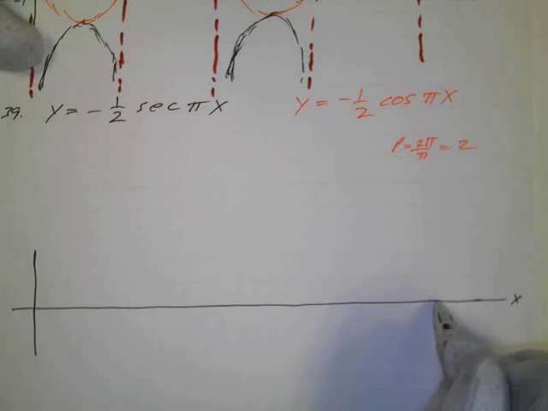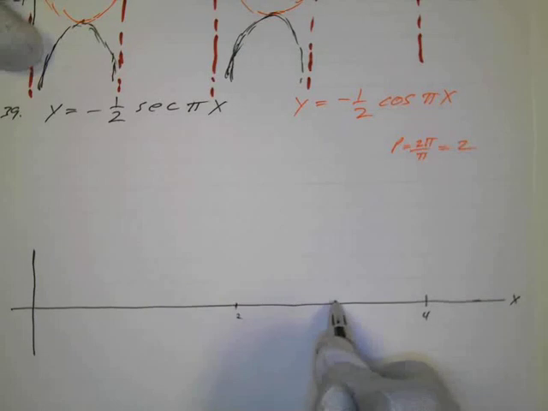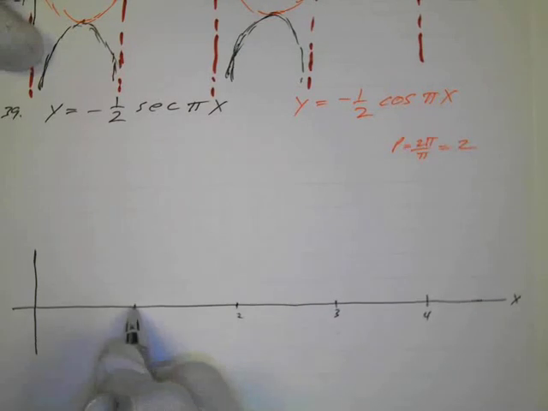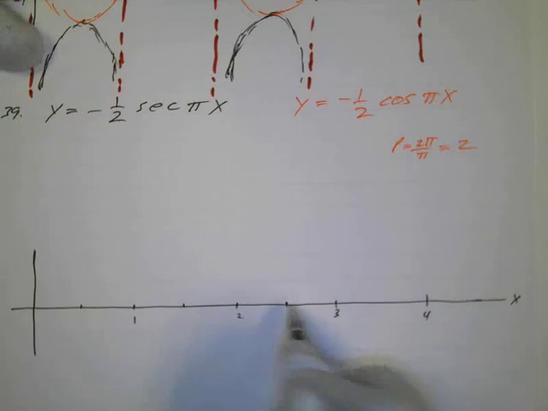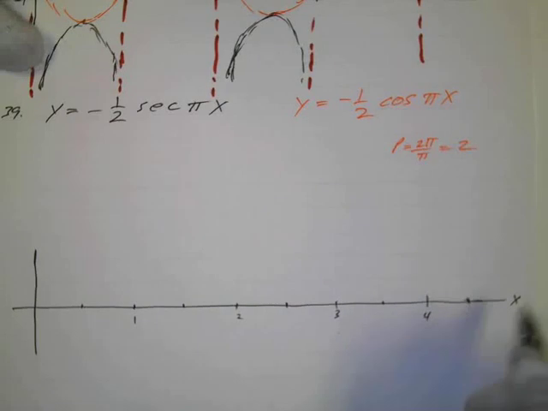So I'll call this maybe 4 over here. That looks like that'll be about right. And then half of 4 is 2. There's 3. There's 1. And these are my subintervals there. And I'm going to put one more here. So that'd be 4 1/4. I'm sorry, 4 1/2, pardon me.